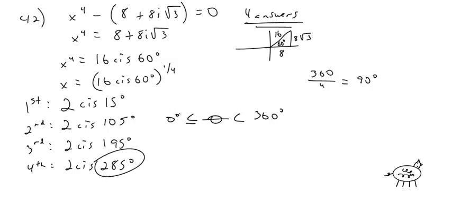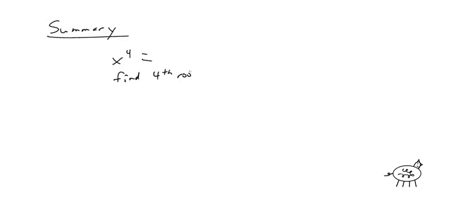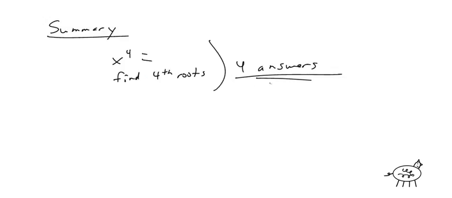Okay, so real quickly, let me summarize this because I don't want to take too much time here. If you have x to the fourth equals something, or if I say find the fourth roots, you're going to have 4 answers. Please remember that.